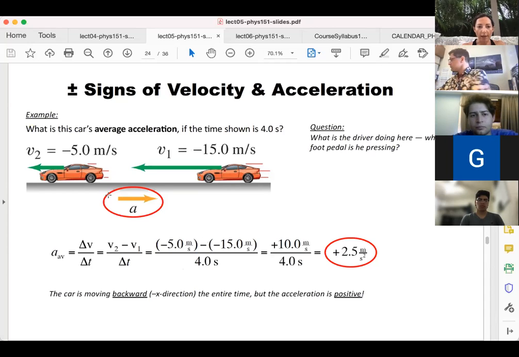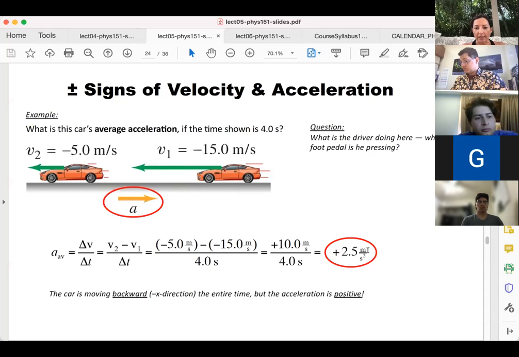Okay. And why is it positive? We already kind of knew that because the car here is going from a bigger velocity to a smaller velocity. So the acceleration must be in the opposite direction of the velocity. And because the velocity is negative, it must have been positive. So it makes sense that it's positive. The value makes sense.